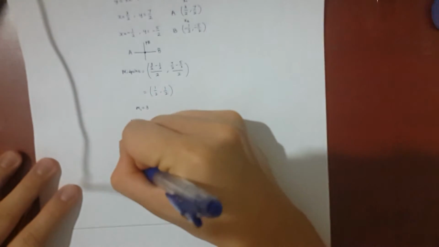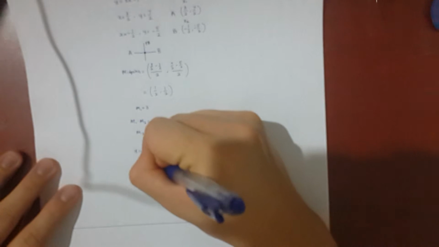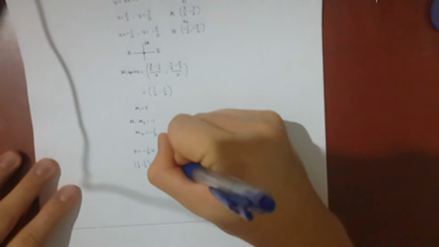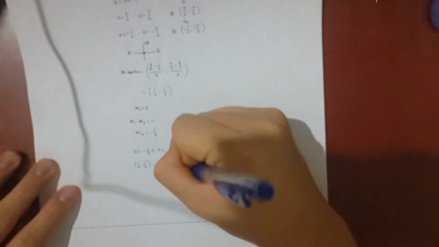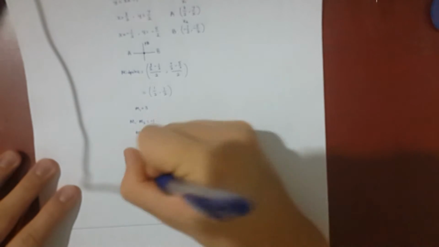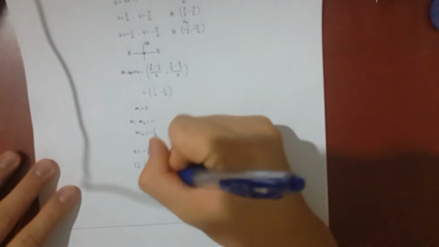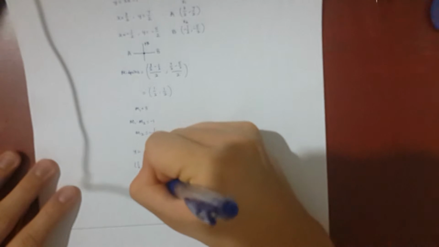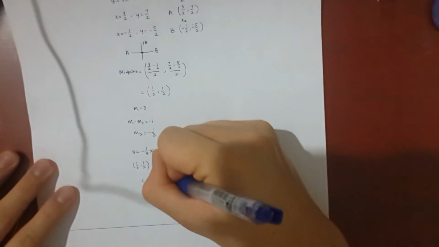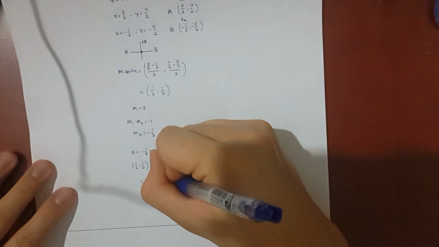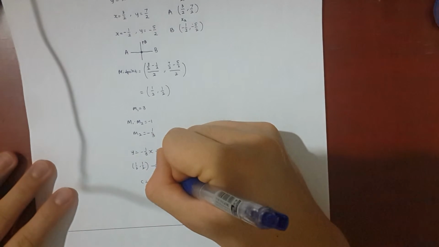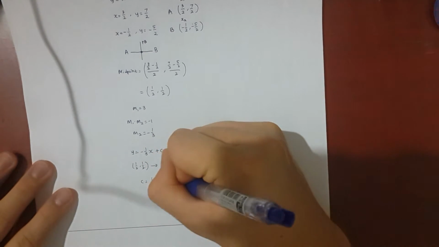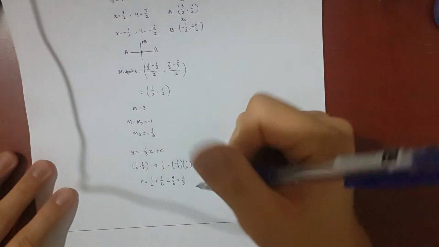So we put half, it becomes half equals negative 1 over 3 times half plus c. C equals half plus 1 over 6. So it becomes 4 over 6, which is 2 over 3.